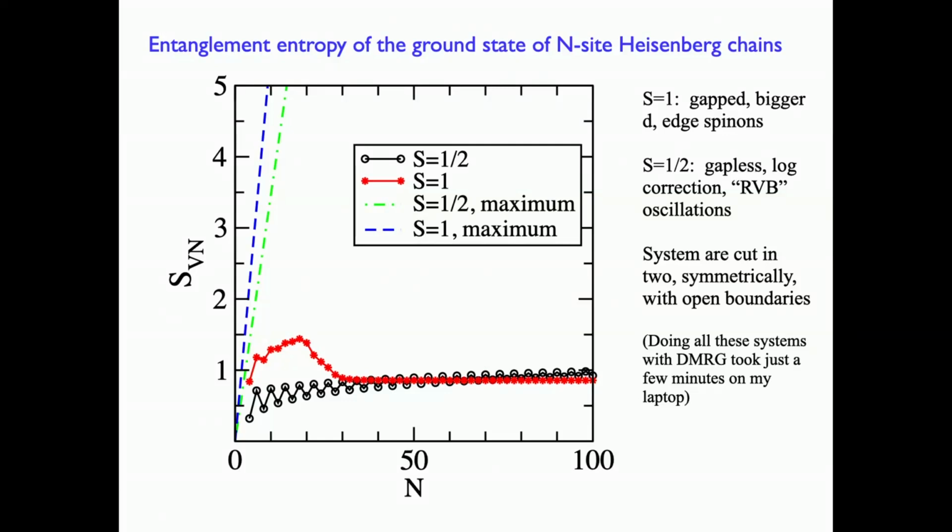It's got this funny bump, and the funny bump has to do with some interesting edge excitations, which can be entangled, but on a big system, they'll lose their entanglement. And so the entanglement entropy, because of these edge states, actually goes back down, and then that's flat. Okay, and then the spin 1/2 system has a logarithmic growth of the entanglement. You can't see it really well, but that's this slight growth here.